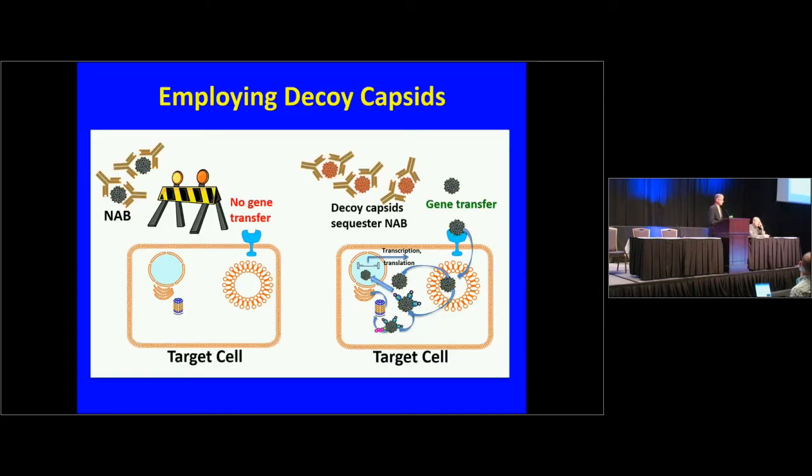There are different ways you could try to get around this problem. One is obviously trying to identify capsids that are less likely neutralized, or not neutralized, by that particular patient, if you have choices.